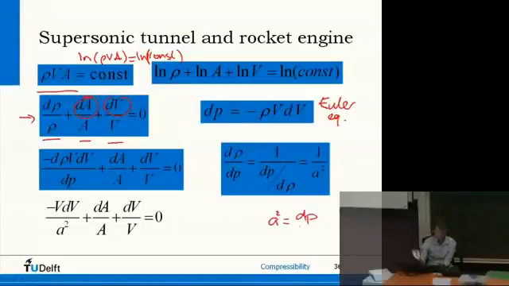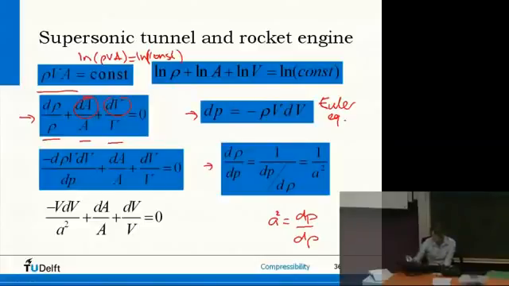Now the first thing we do is put in the dP and we put in this one. So first thing we realize is that d rho over dP is 1 over a squared, right? Because a squared is dP over d rho.